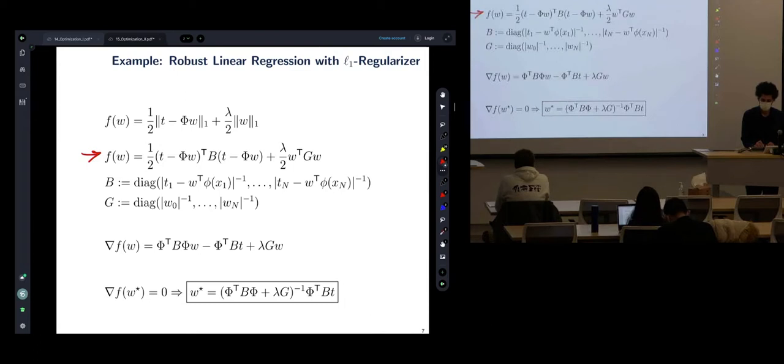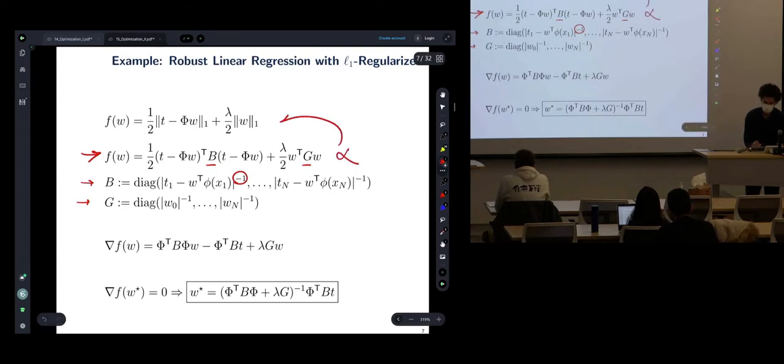And we define two new weight matrices based on the instruction in IRLS. The weight matrix must be the diagonal of the residuals raised to the power of p minus 2. P is 1 here, so the power becomes -1. So that when you calculate this line, you get the original objective function.